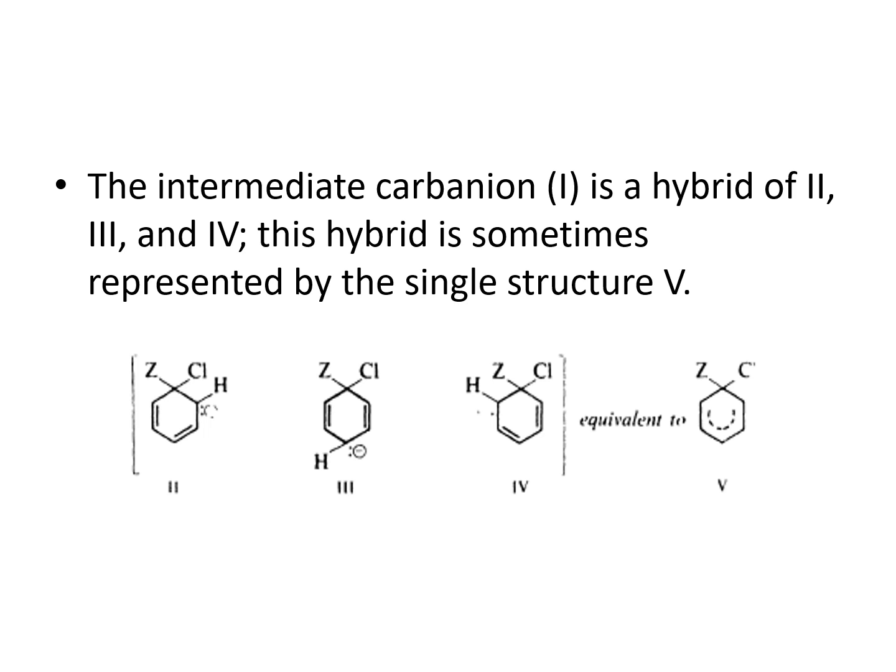The intermediate formed in the first step of the bimolecular displacement reaction is a carbanion. Actually, this carbanion is a hybrid of three different structures where the negative charge can be seen located at the ortho positions and para position, because the Z, the nucleophile, is approaching this benzene ring with a negative charge, with a pair of electrons. So whenever this Z forms a bond with this benzene ring, it is sharing that pair of electrons to the benzene ring.